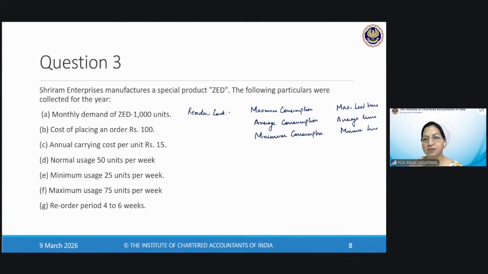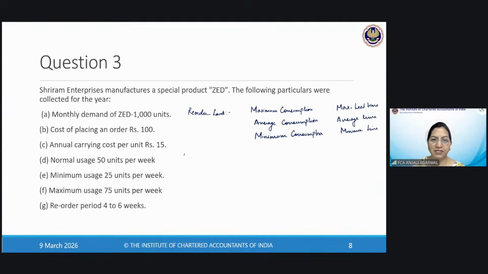So maximum consumption, minimum consumption, and average consumption, maximum lead time, average lead time, and minimum lead time. If average consumption and average times are not given, you can use maximum and minimum: maximum plus minimum divided by 2. And maximum lead time plus minimum lead time divided by 2 will give you the average. Alternatively, if any of these maximum or minimum are missing, use average instead.